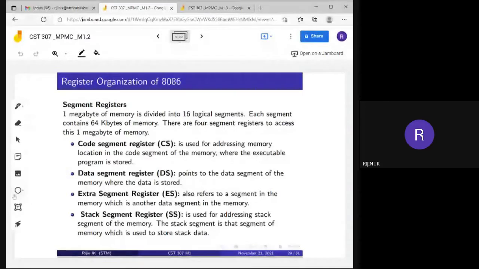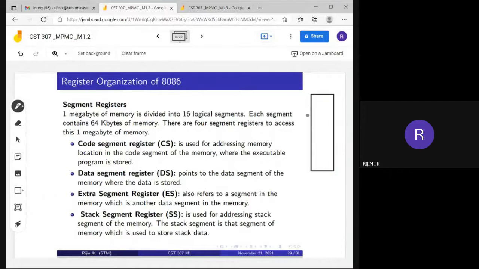That means the entire 1 MB memory will be divided into 16 different logical segments, and each segment contains 64 kilobytes of memory locations. And there are 4 segment registers used for accessing the entire 1 MB of memory locations.